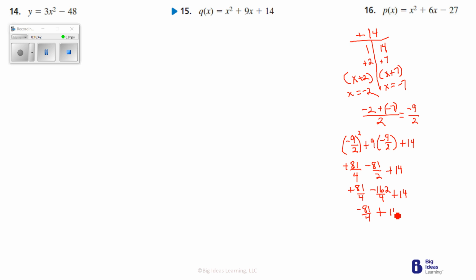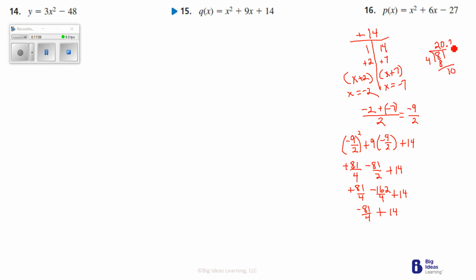Plus 14. Now I have to say, well, how much is 81 over 4? Remember, every fraction is a division problem, so this is really 81 divided by 4, right? And 4 goes into 8 2 times. And then we don't have any value here as we're about to approach our decimals.